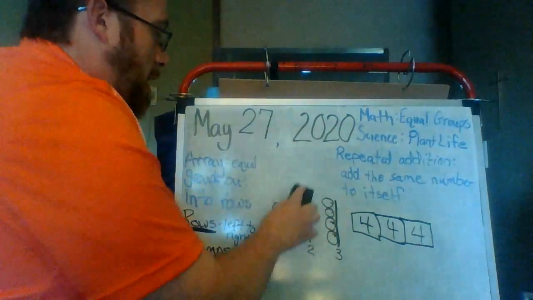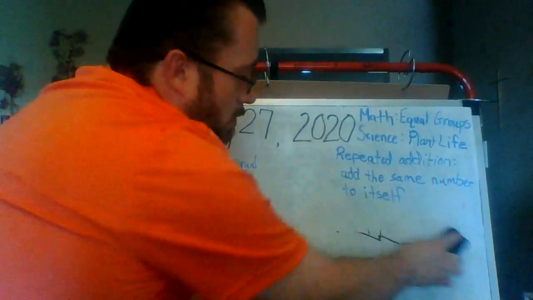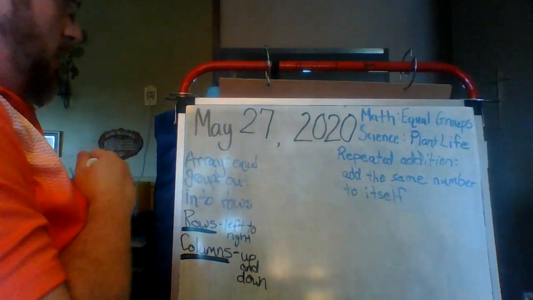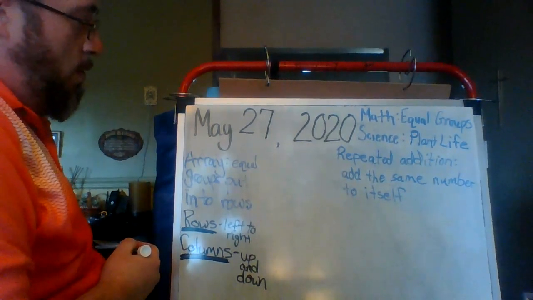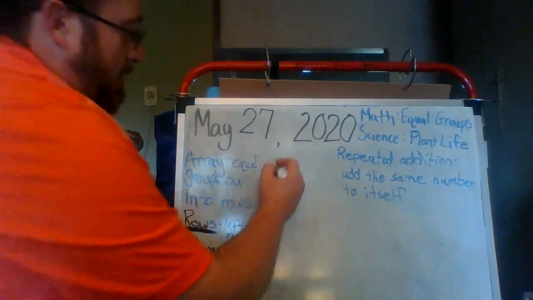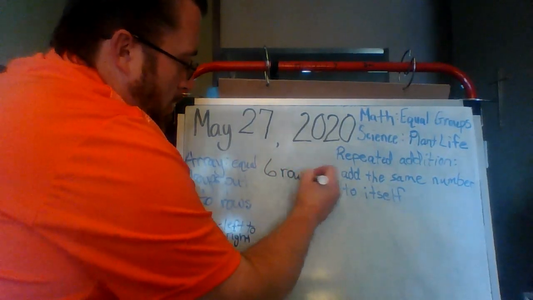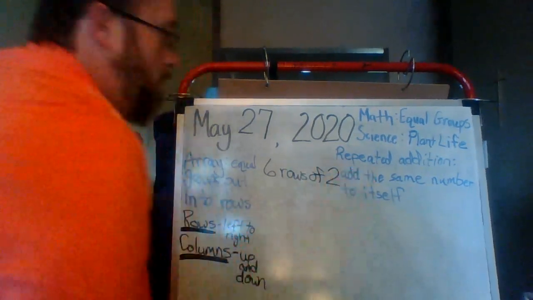I did a couple columns in a row. Let's do an example of rows again, just to help you remember. Let's do 6 rows of 2.